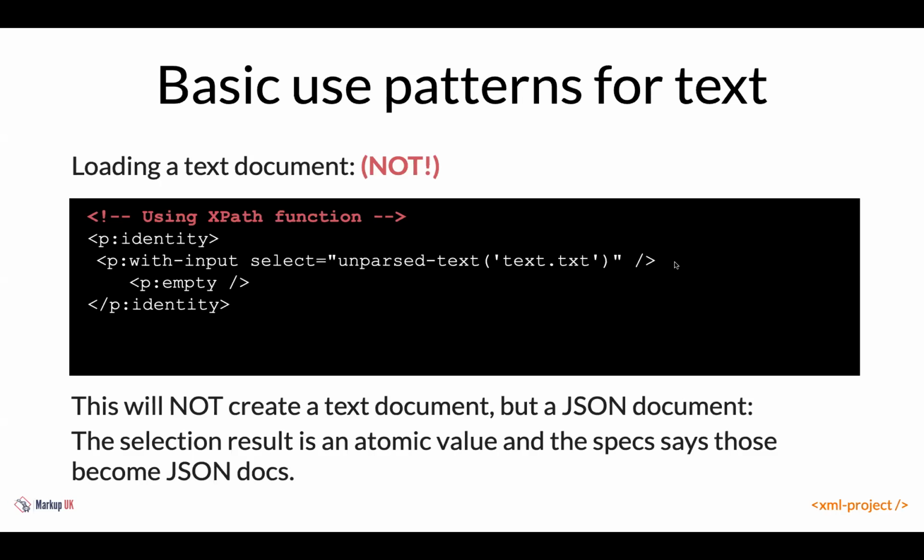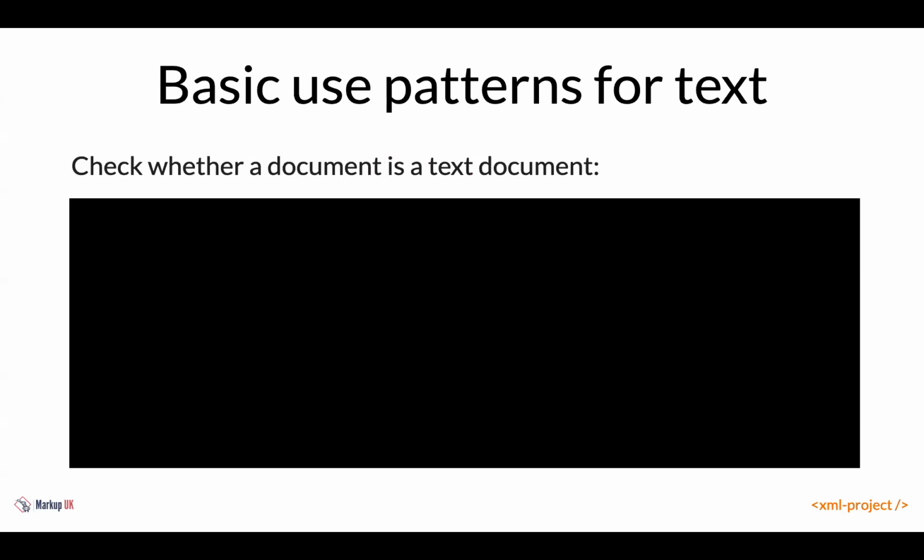The last standard use pattern I would like to show you is a test within the pipeline. How do you test whether a document that flows into a step is a text document? This is useful, for example, if you unpack a zip and a lot of documents flow out of this zip, and you need to treat the different document types in different ways.